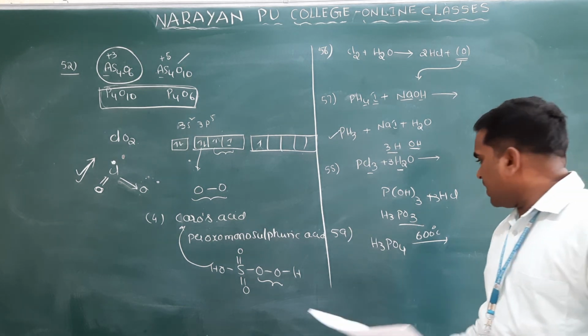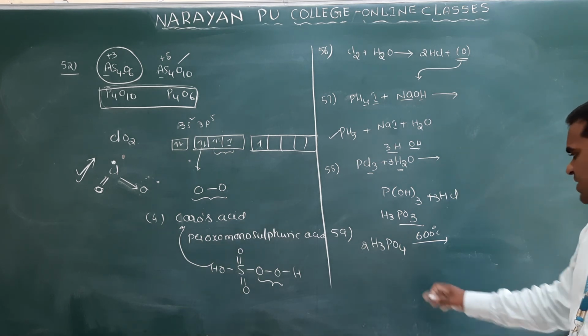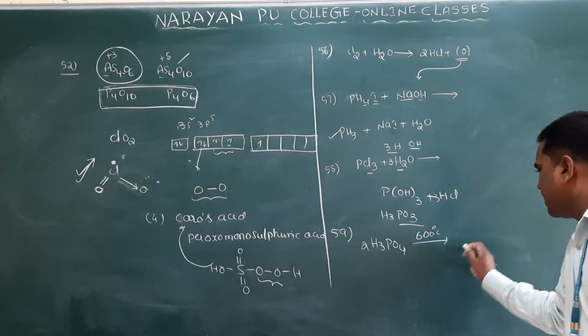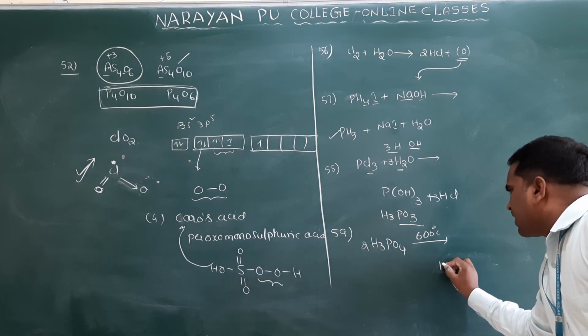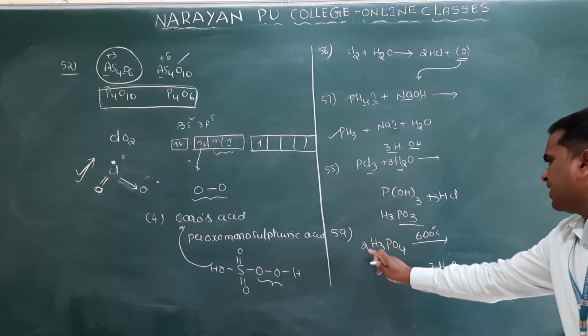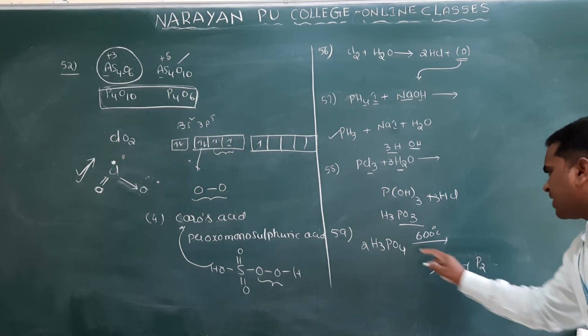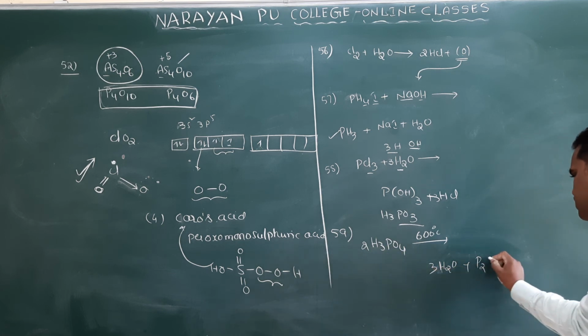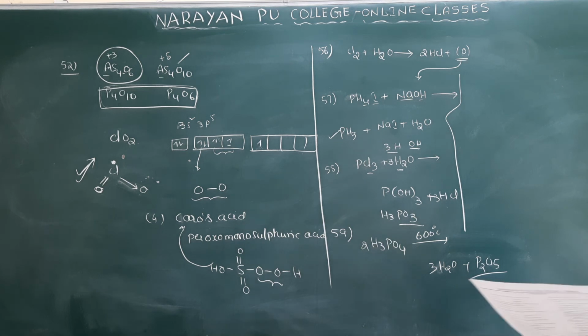Then what will you get here? If I remove water molecules in this case, you will get H2O. How many? 3. Clear? Next, what will you get? P2 is there, and 8 oxygens are there. 3 we have used. P2O5. This is clear? Option 1.